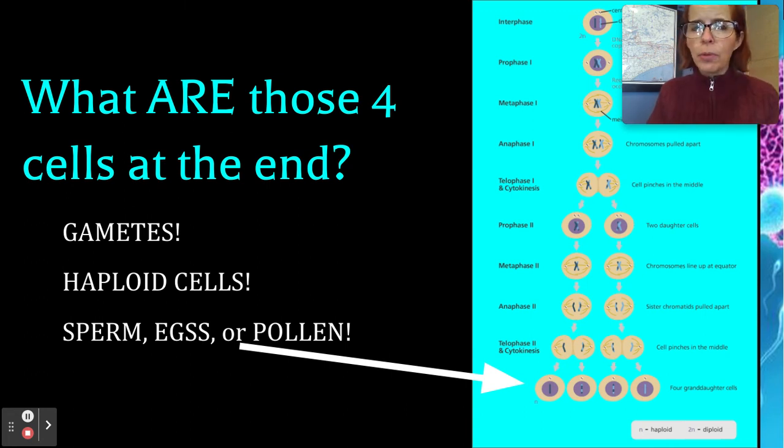Just a couple quick FYIs. It's called spermatogenesis when it happens in a guy and produces sperm. It is oogenesis when it happens in a female. And when it happens in a female, it's a little bit interesting because only one of the 4 eggs gets all of the cytoplasm and all of the organelles.